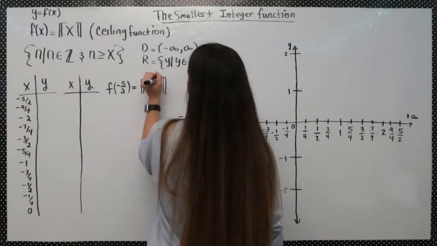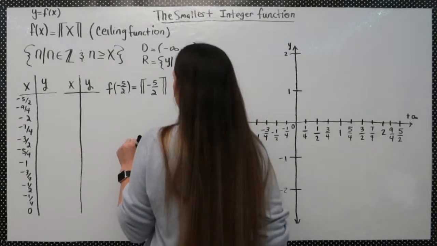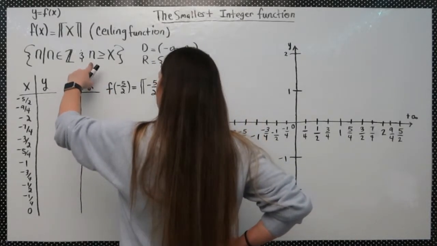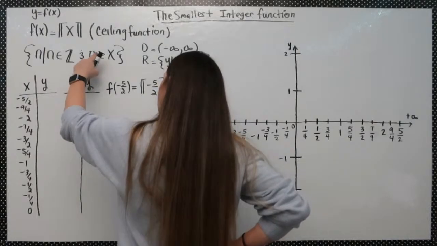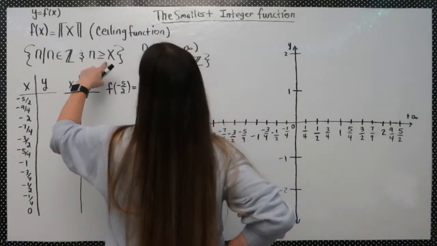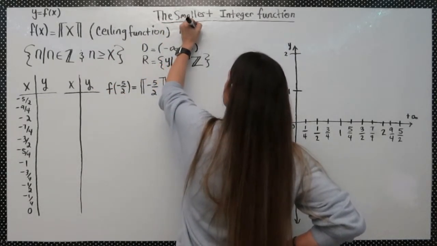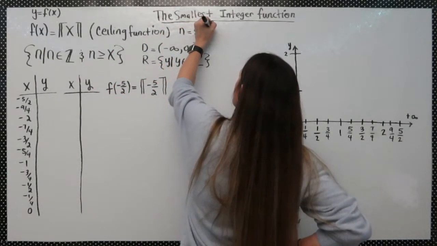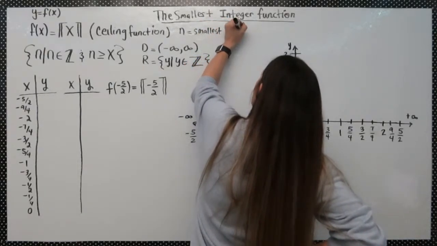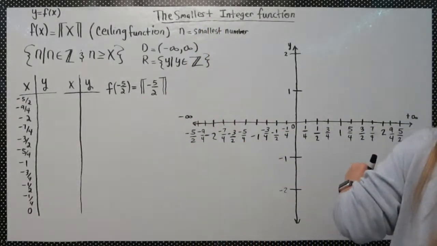And the ceiling function is saying, okay, we're looking for the integer that is the smallest integer. Here, let's go ahead and explain what n is. n is the smallest number, integer, sorry, it is a number, but it's specific.